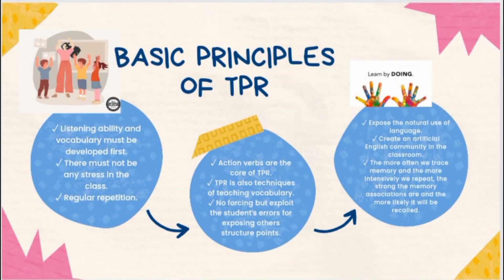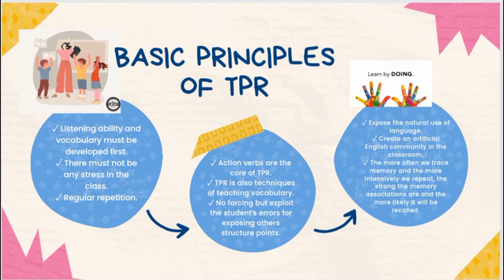We also have here the basic principles of TPR. Listening ability and vocabulary must be developed first. There must not be any stress in the class. Regular repetition. Action verbs are the core of TPR. TPR is also a technique of teaching vocabulary.